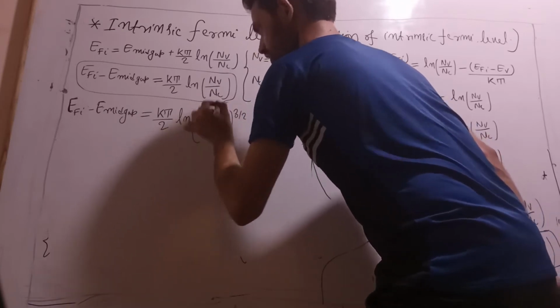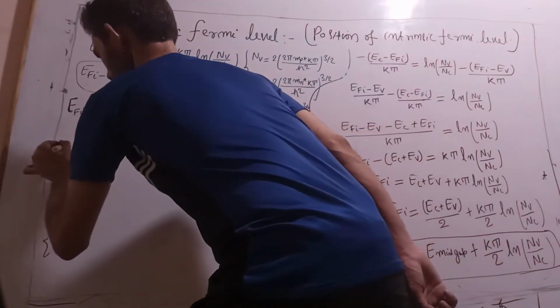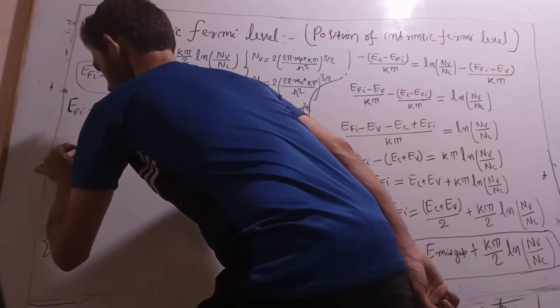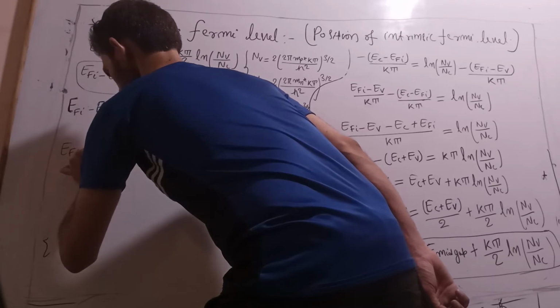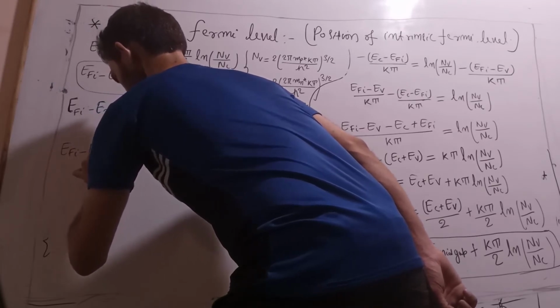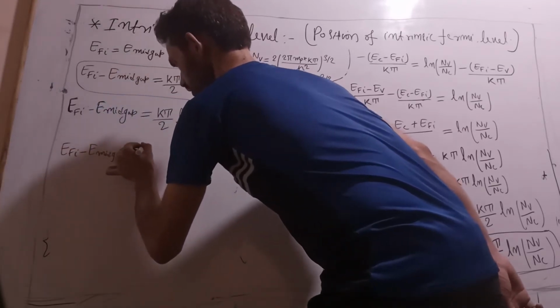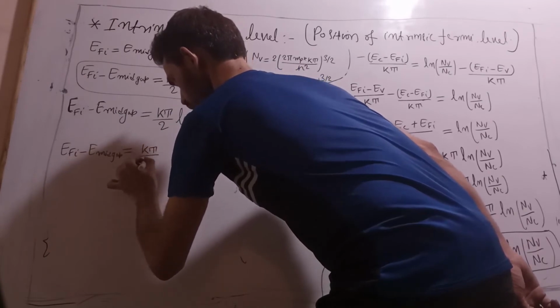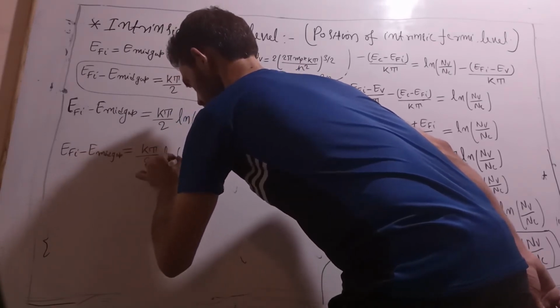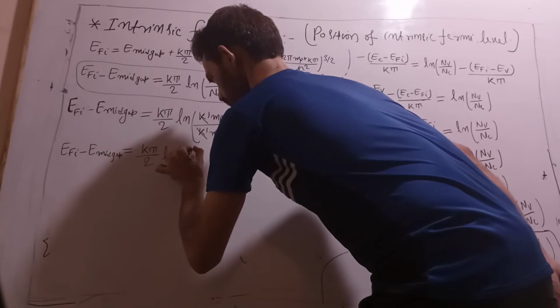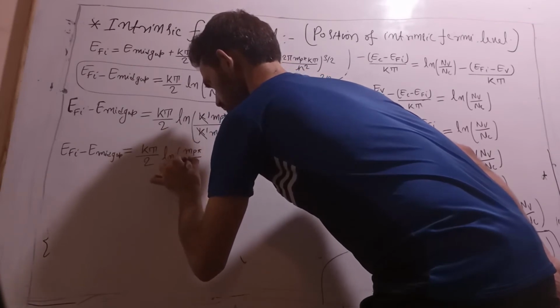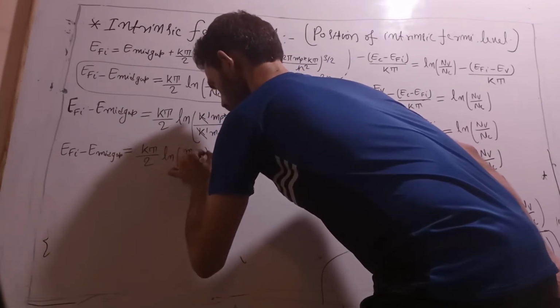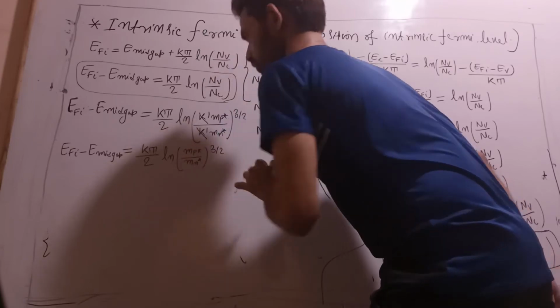The k dash gets cancelled, and we will get EFi minus E mid gap is equal to kT by 2 ln of mp star divided by mn star to the power 3 by 2.